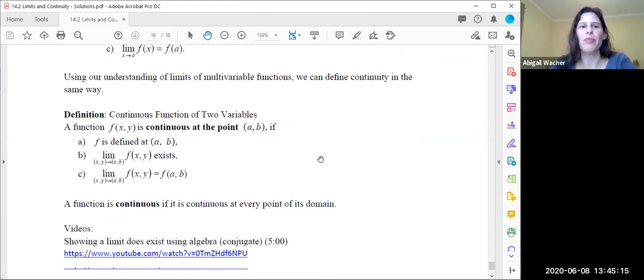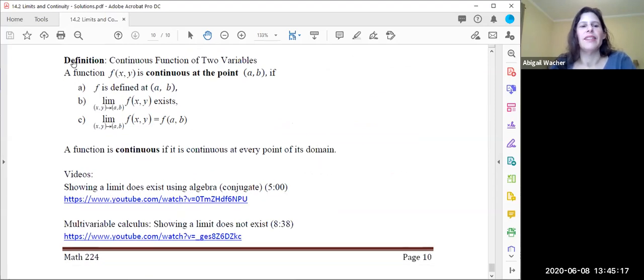Okay, so that's continuity. So using our understanding of limits of multivariable functions, we can define continuity in the same way. Okay, so definition, continuous function of two variables. A function f(x,y) is continuous at the point (a,b) if f is defined at (a,b), the limit as (x,y) approaches (a,b) of f(x,y) exists, and the limit as (x,y) approaches (a,b) of f(x,y) is equal to f(a,b).